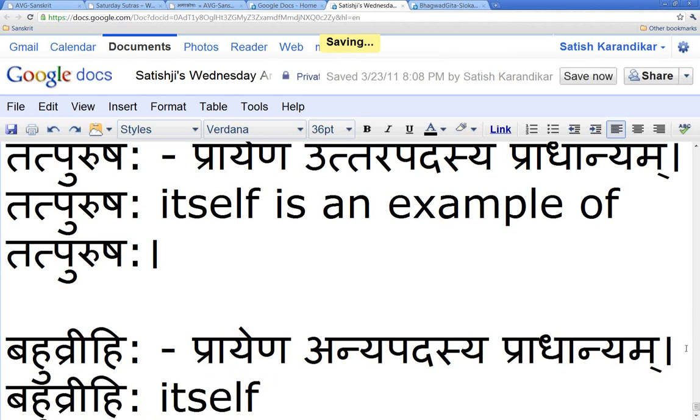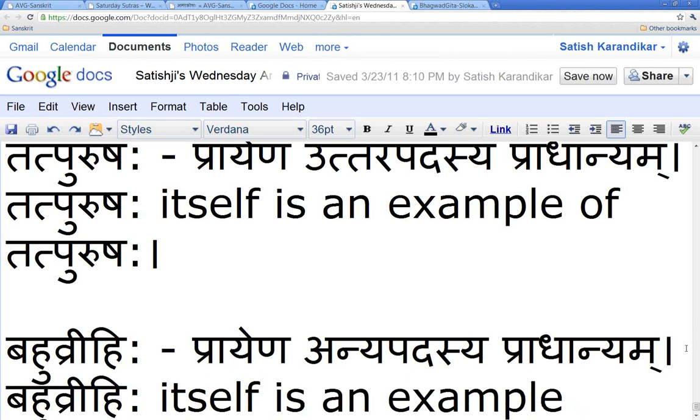So Bahuvrihi itself is an example of a Bahuvrihi compound. These are the typical compounds used in the old days, so they become typical of their class. These examples were there before Panini, and he uses them.